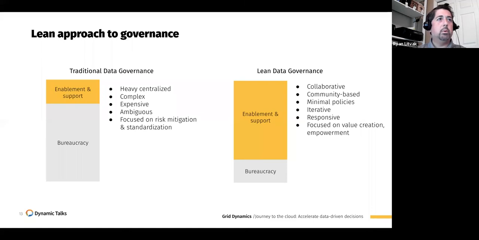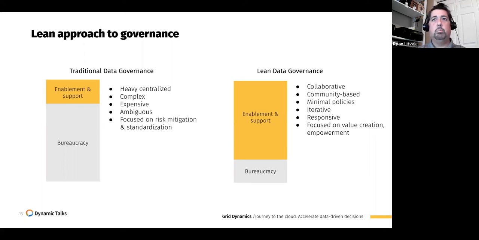With this platform that we've been putting in place, we've been able to automate a lot of the activities, a lot of the monitoring and notifications and visibility so that we're able to take a much more collaborative approach to engage the different domain owners of the data so that they can own their own data and treat it more as a product rather than just an asset that they're consuming.